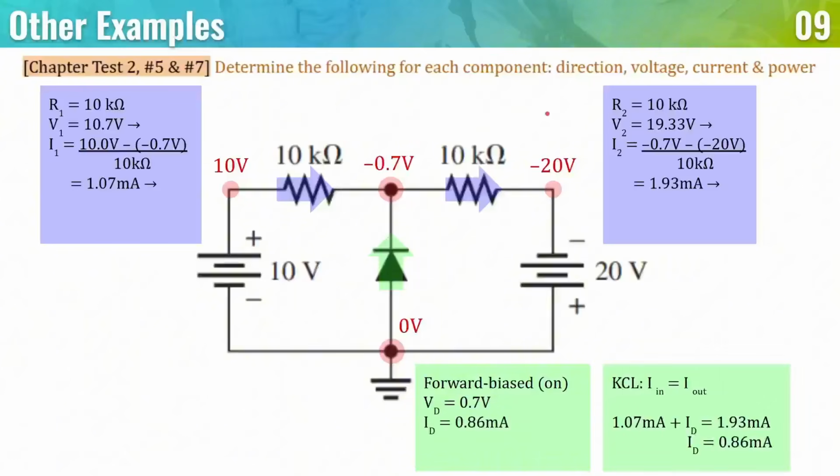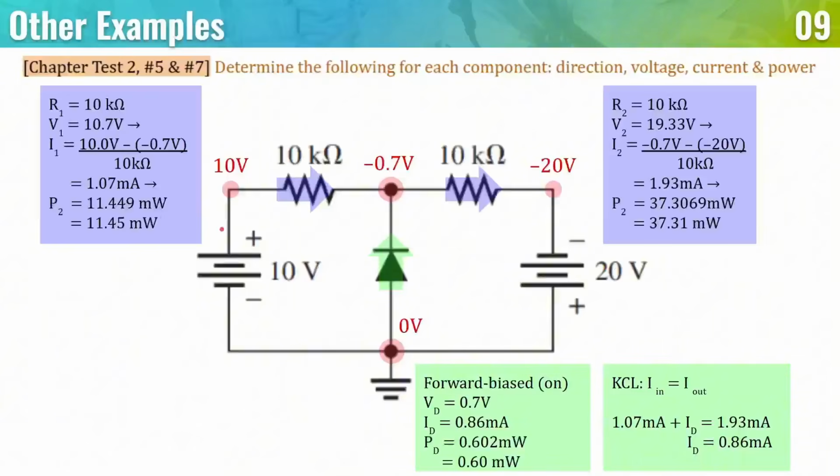Using KCL, we can just rearrange the equation. 1.93 minus 1.07 is going to equal 0.86. So there are 0.86 milliamperes across the diode in this direction. Now, using V and I, we can compute for the power.